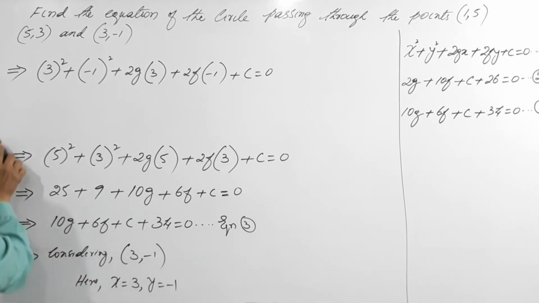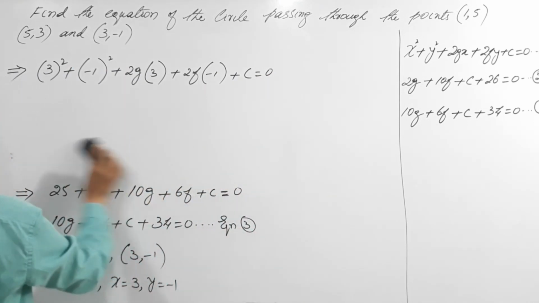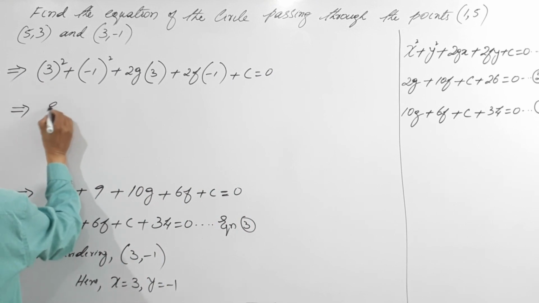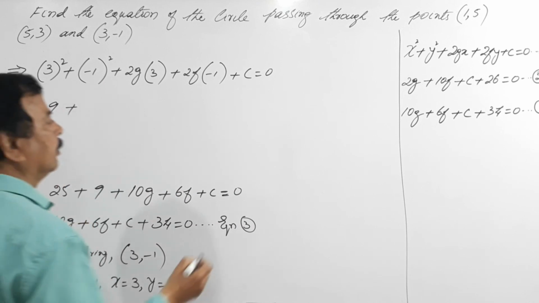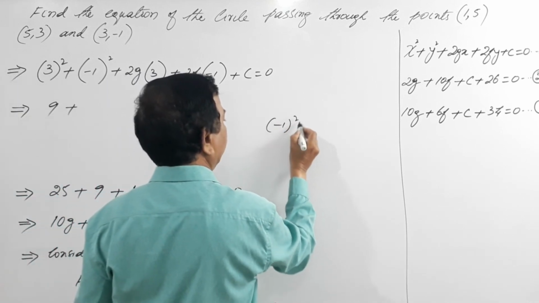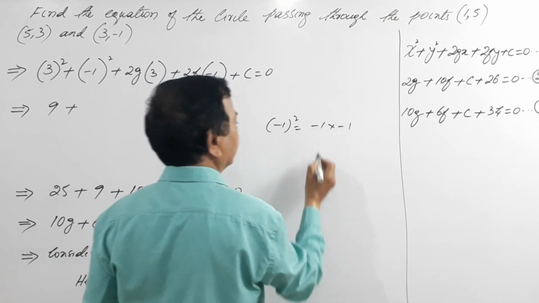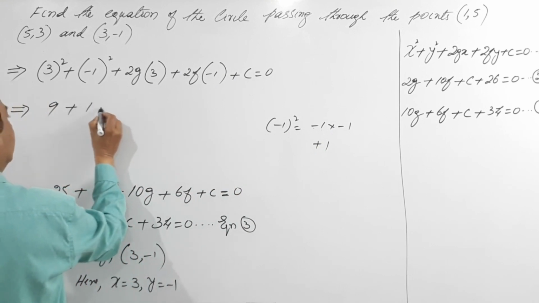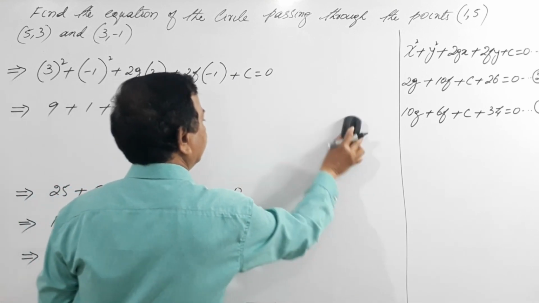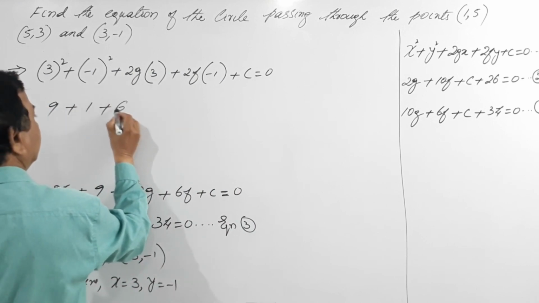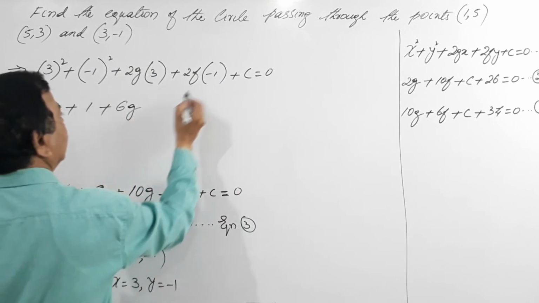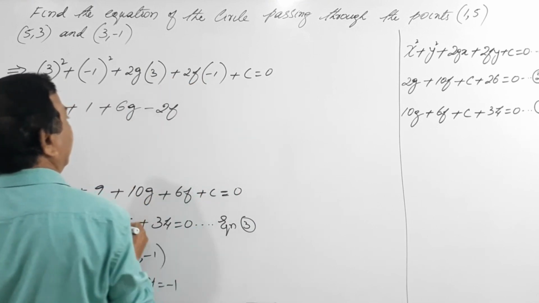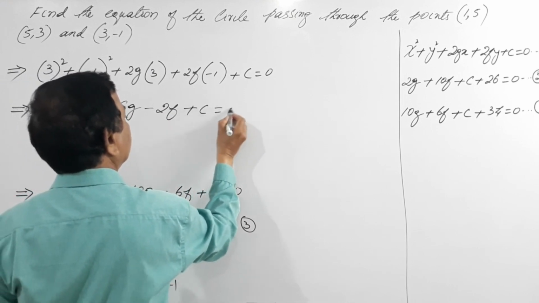Let's simplify this. This becomes 9 plus (-1) square, which is minus 1 into minus 1, minus into minus plus 1 into 1 is 1. So this is plus 1, plus 2 3s are 6g, minus into plus is minus 2f, plus c equals to 0.